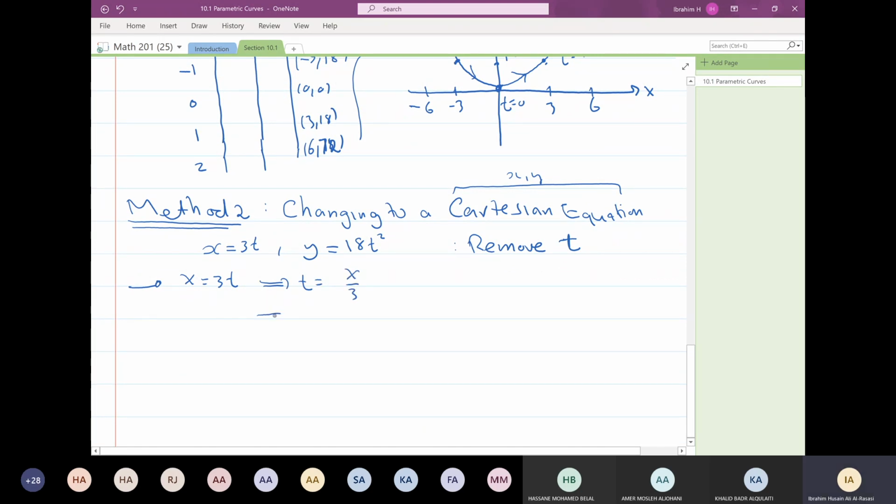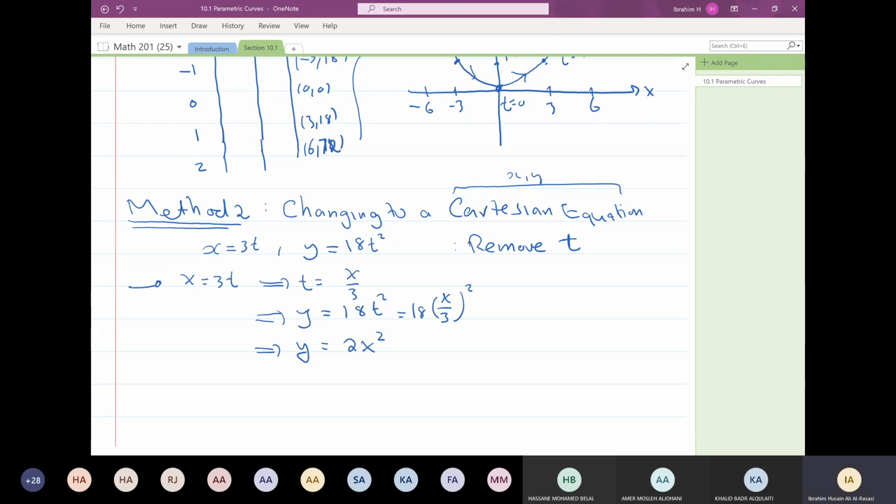This implies y equals 18 times t squared, where t is x over 3, squared. So just replace t in the second equation and simplify. You get y equals 2x squared. So this is the corresponding Cartesian equation.